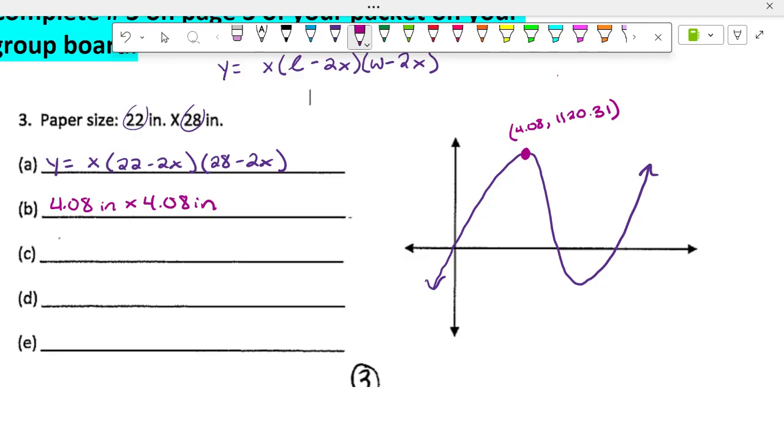What would be, and that goes into C, what would be the max volume that you can make? Right, 1,120.31 inches cubed.